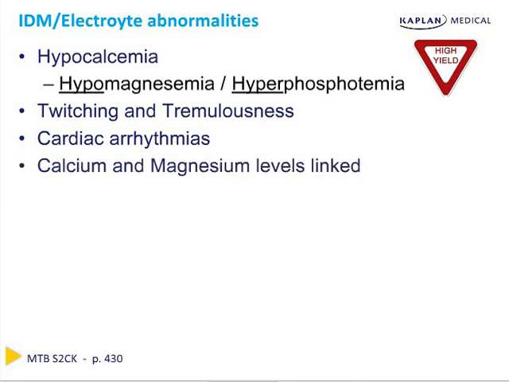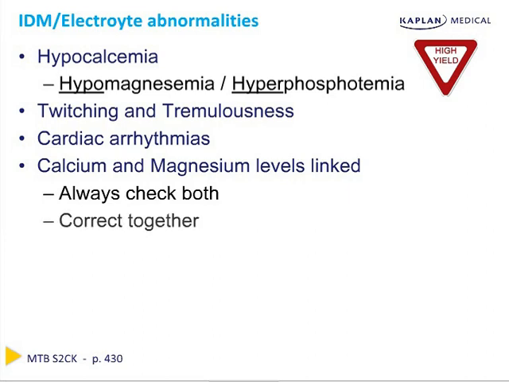Now, the reason you need to know calcium and magnesium are linked is because if you see hypocalcemia or an abnormality in the magnesium level, you have to check the other one because they have to be corrected together.